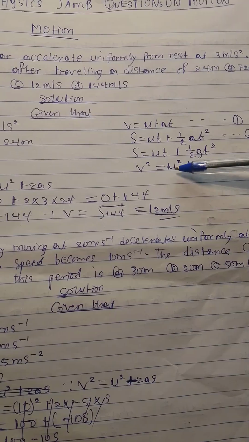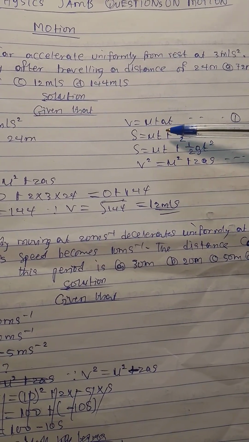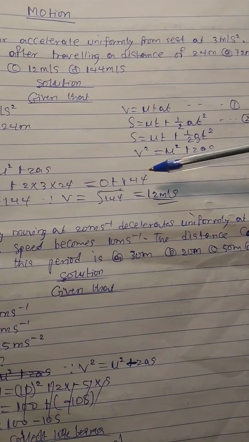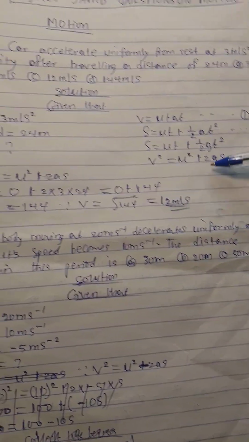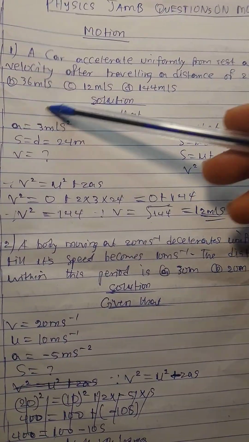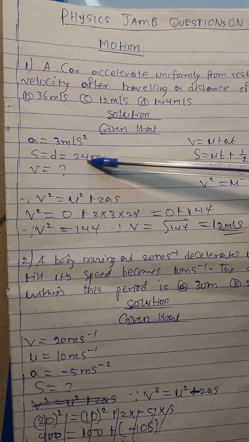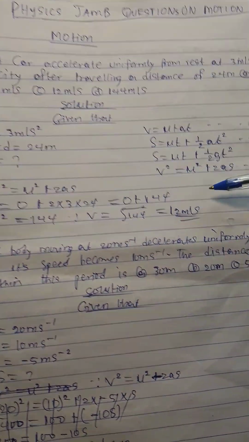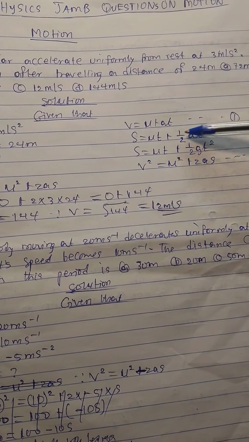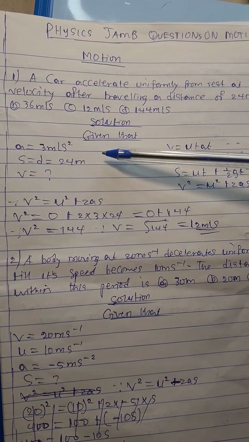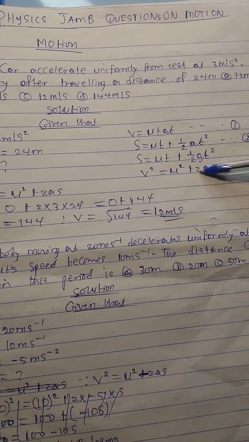The formula we have to use here is v square equals u square plus 2as, because in this formula I have acceleration, I have distance, and we have to find the velocity. In the other formula, I would need time, but in this question we are not given the value of time. So we apply this formula to solve.